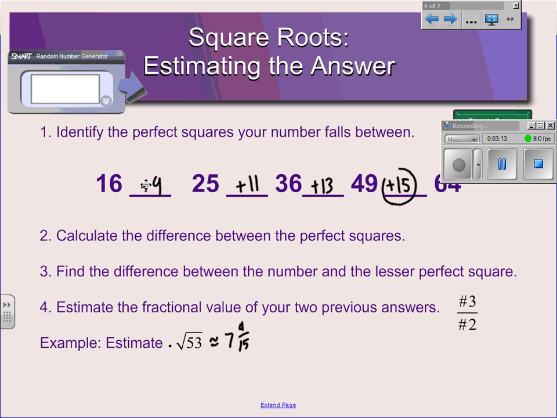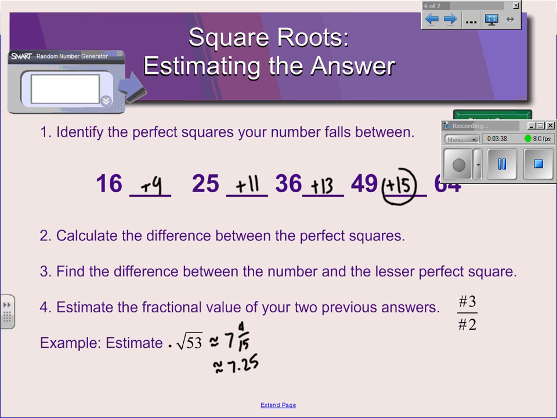Then for that 4/15, you just want to approximate a fraction that's close to the decimal. Some kids look at it as almost 4 out of 16, and 4/16 is the same as 1/4, so they'll say that's about 7.25.